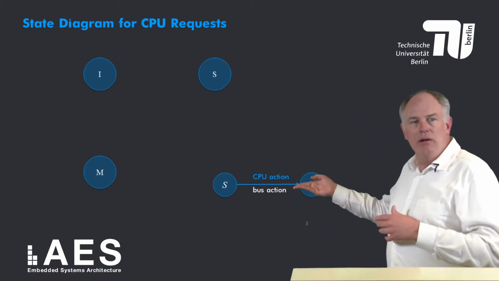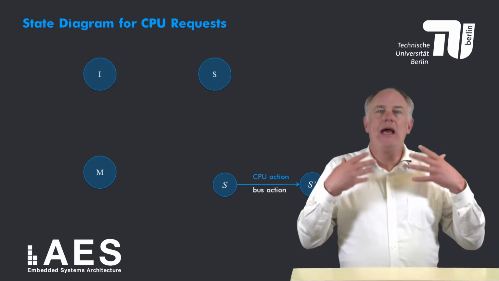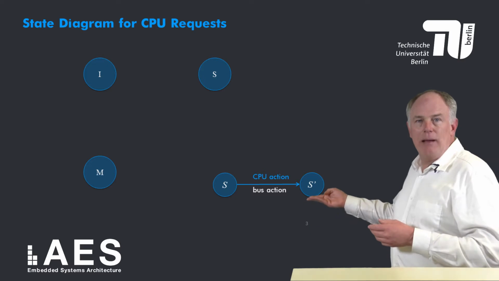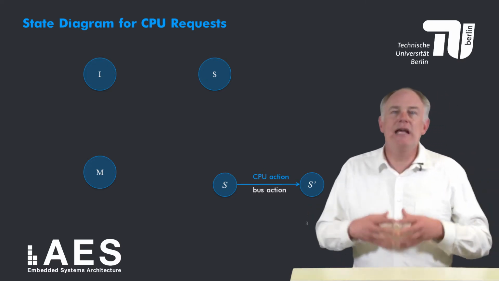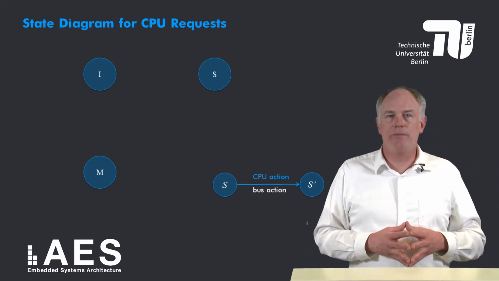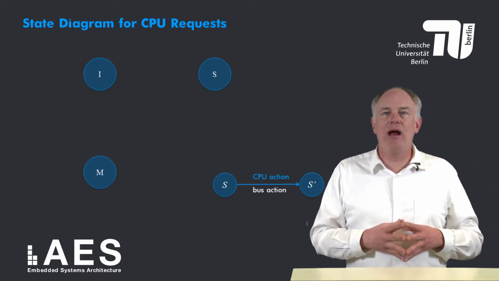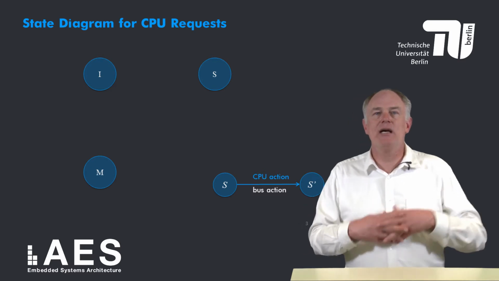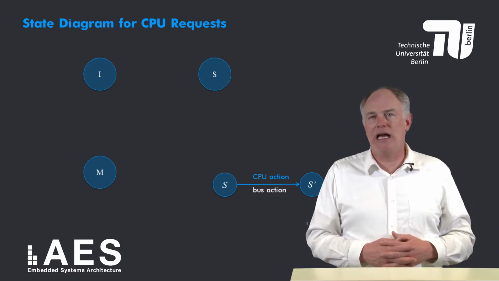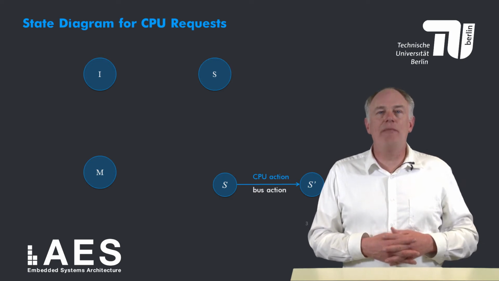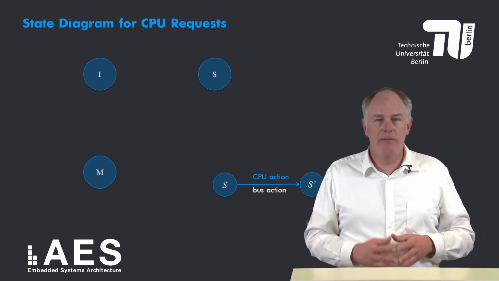The top label in normal letters is the event that caused the transition. The bottom label in bold letters is the reply to that event. On this slide, I will show the state diagrams for CPU requests such as reads and writes to a cache block. On the next slide, I will show the state diagram for bus requests.